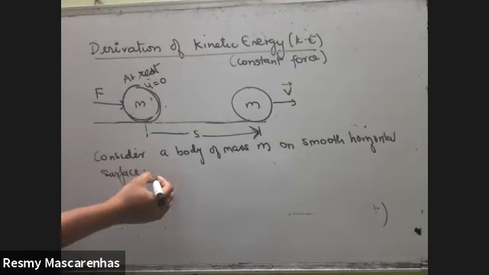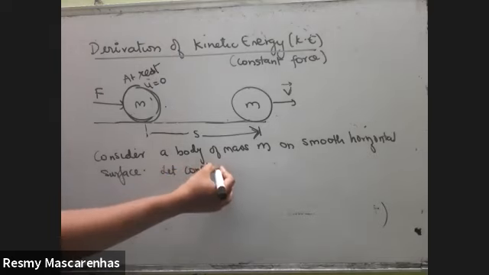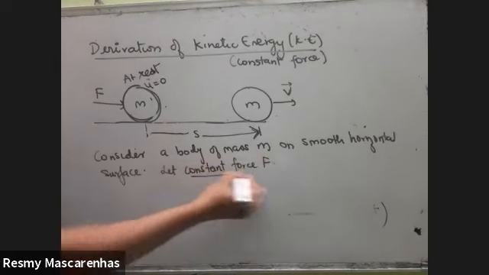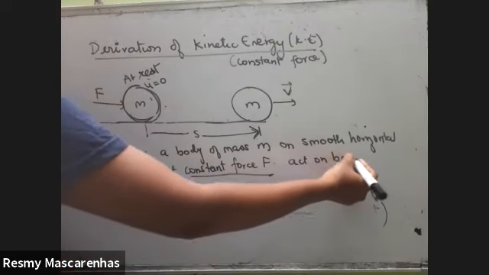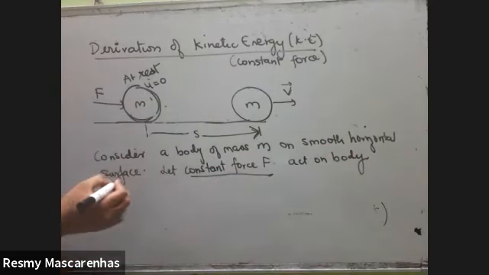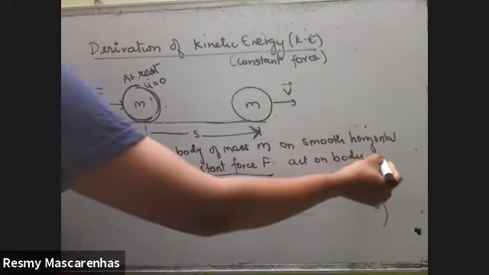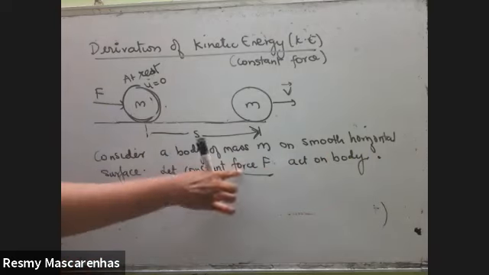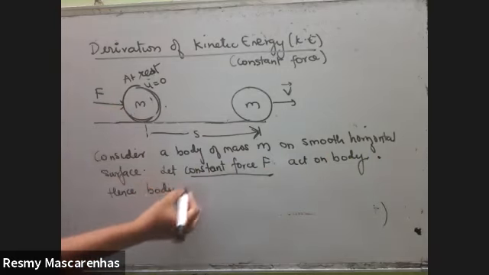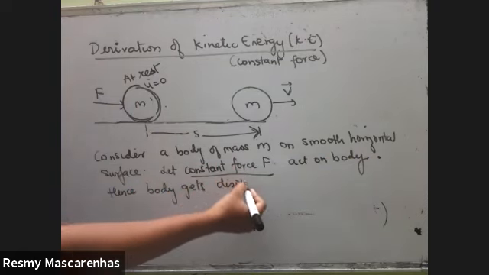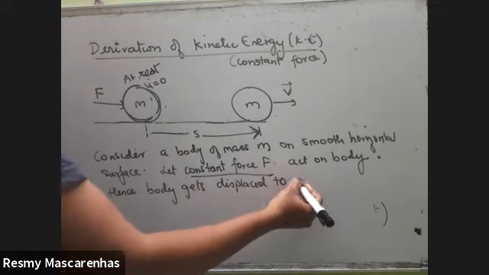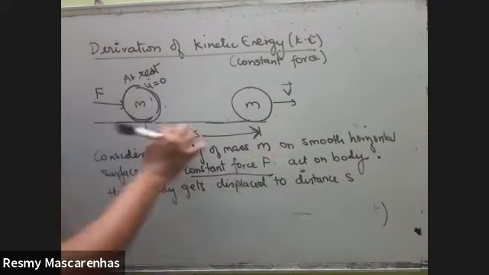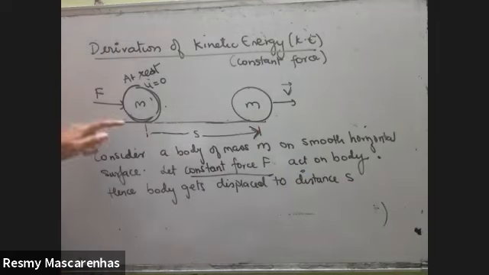So we have to write: let constant force F act on the body. Hence the moment you apply force, the body gets displaced to distance s. You can write in your own words also if you forget: if you apply a force, then the body moves for distance s.